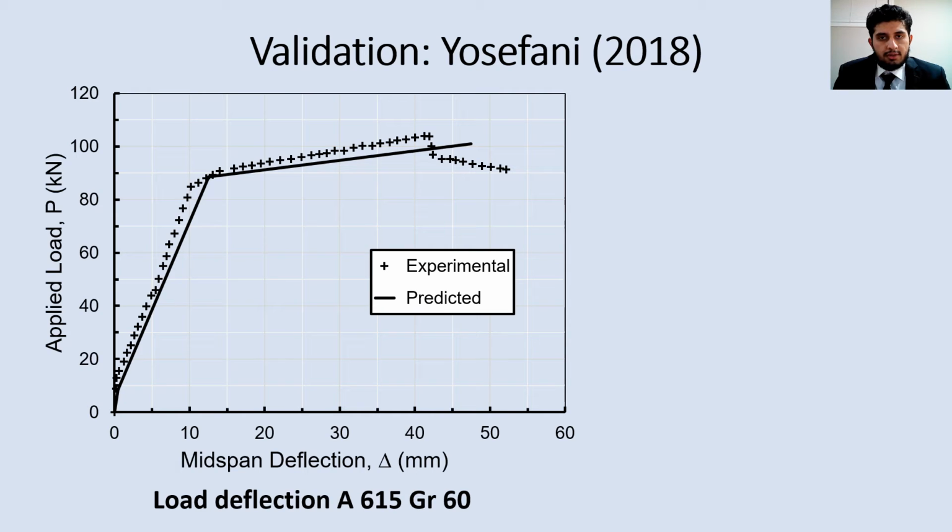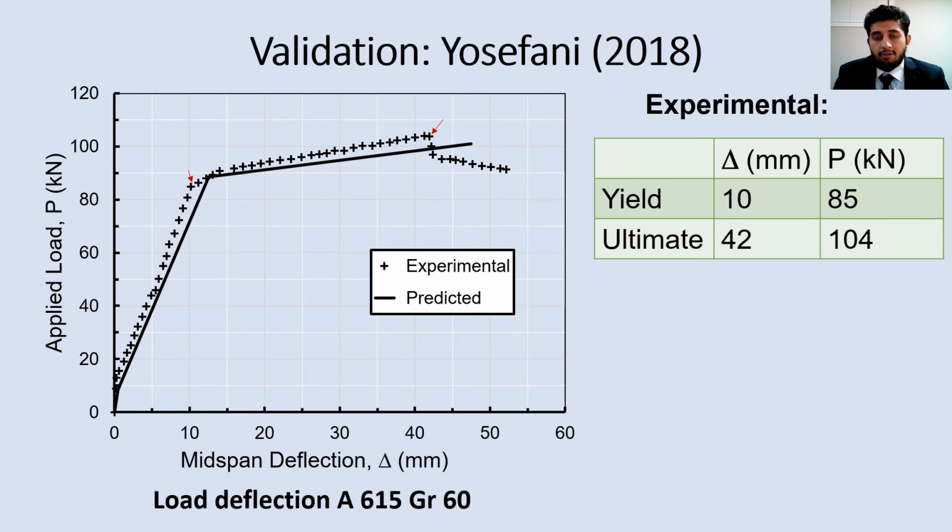So our data was then validated with Yousefani, who conducted experimental research for A615 grade 60. Looking at the yielding and the ultimate points from that experimental data, we can find the yielding and ultimate loads. For ultimate load, we get 104 kilonewtons with a corresponding mid-span deflection of 42 millimeters.